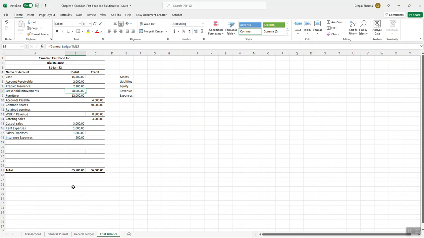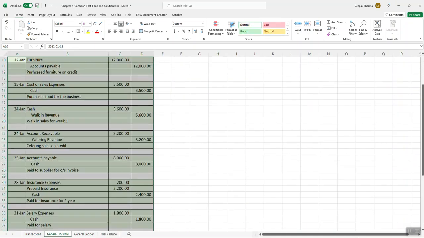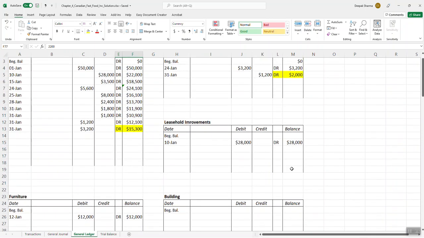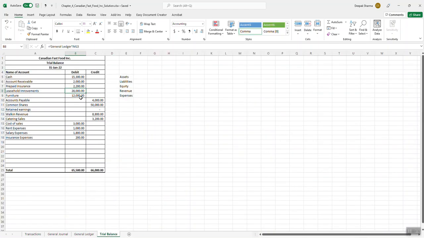And leasehold improvement 28,000, because we're done with the current assets, so we move into the long-term assets or non-current assets. Then we have furniture 12,000, so make sure that that's 12,000.